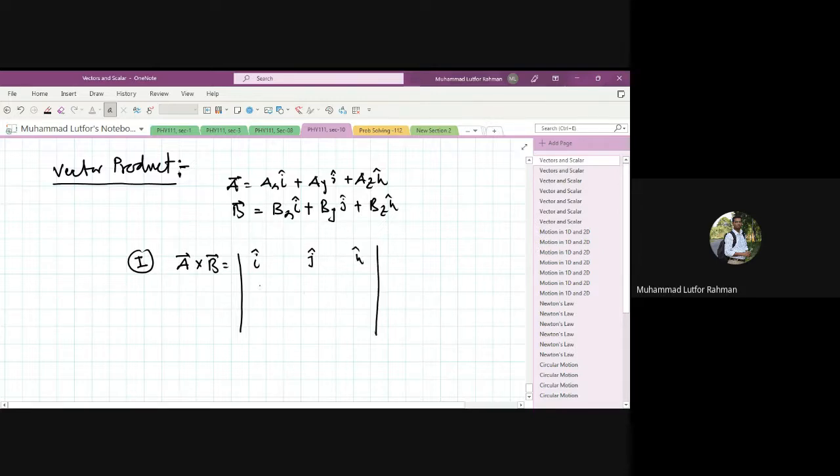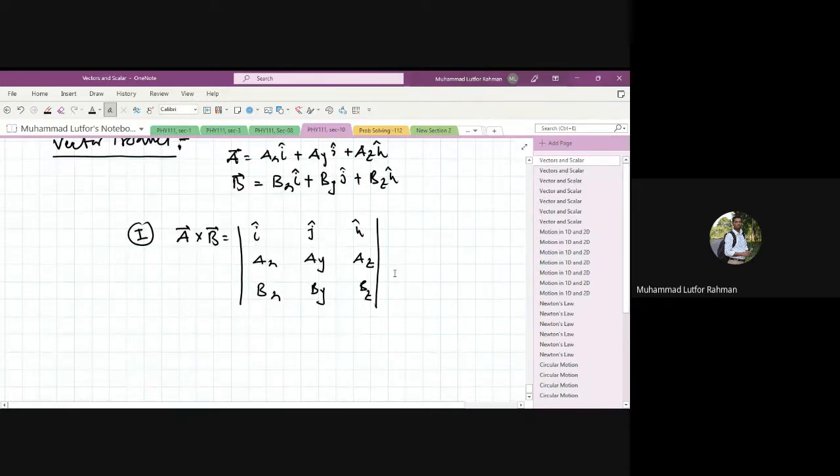We write ax, ay, az, and bx, by, bz. I just write down the components of these vectors along each direction: the x direction, the y direction, and the z direction.